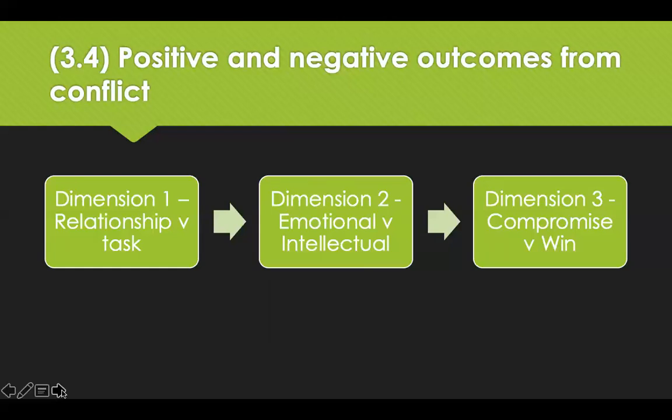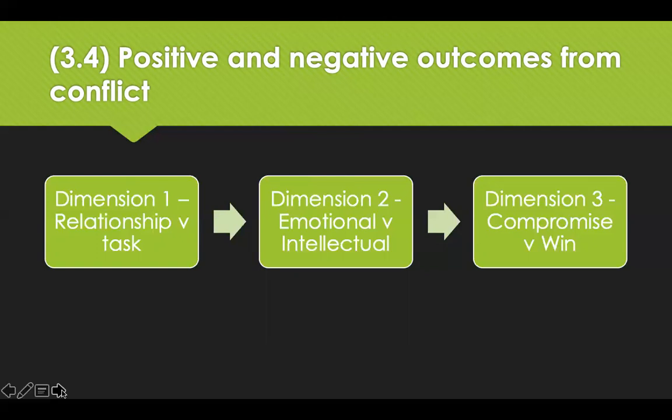Now, Pinkley identified 3 distinct conflict frames that individuals use to examine conflict. So dimension 1 is the relationship versus the task. This distinguishes between individuals who focus on the real relational aspects of conflict and those who see it as separate from relationship problems. Dimension 2 is emotional versus intellectual.